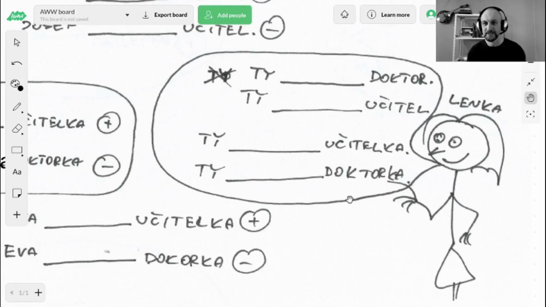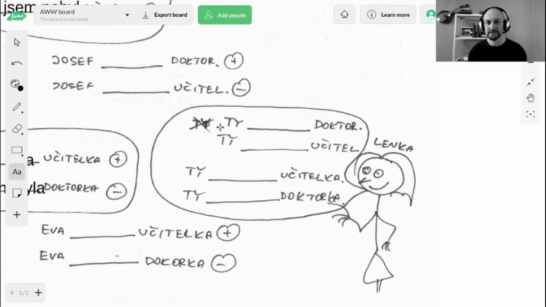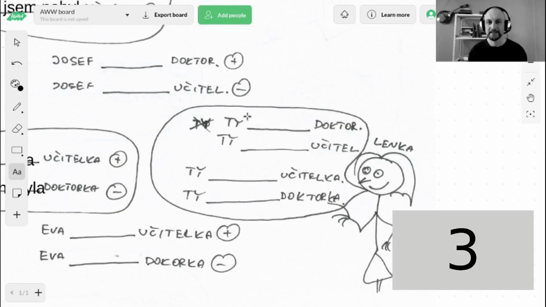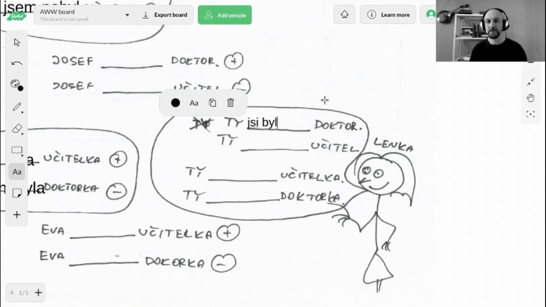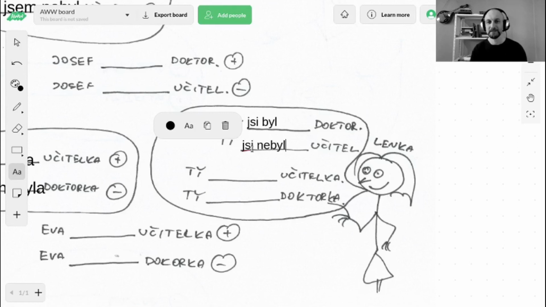Now let's go to Lenka. What is she saying about Josef? She says, and again, it's about the past. She says, ty jsi byl doktor, and in the negative form, it would be, ty jsi nebyl učitel.